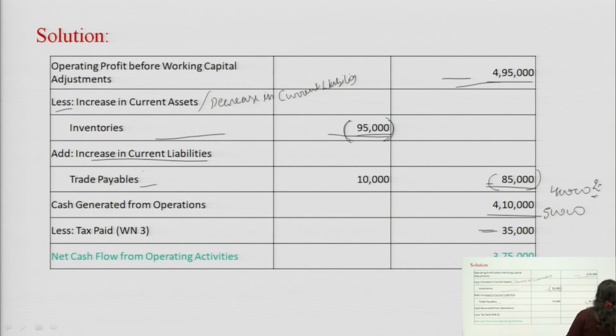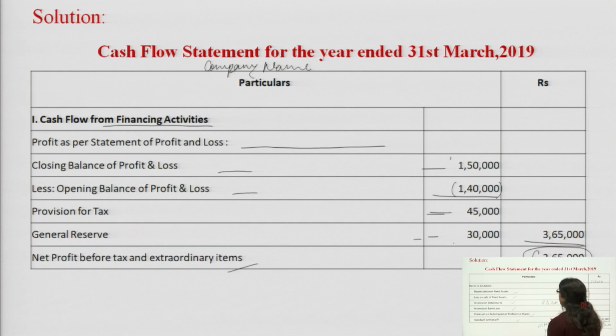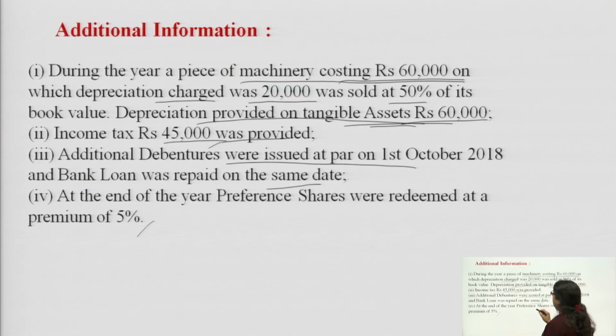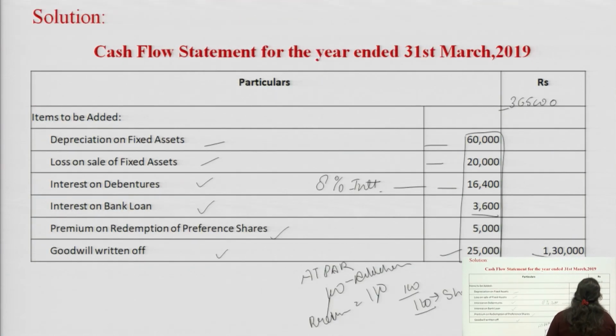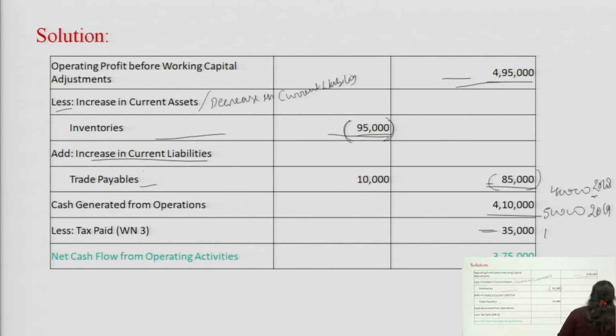It was for 2018 and it was for 2019, but one additional working note was there: income tax of 45,000 was provided. So, what will we do? We do the adjustment here: 40,000 plus 45,000, the provision which has been given, comes out 95,000.